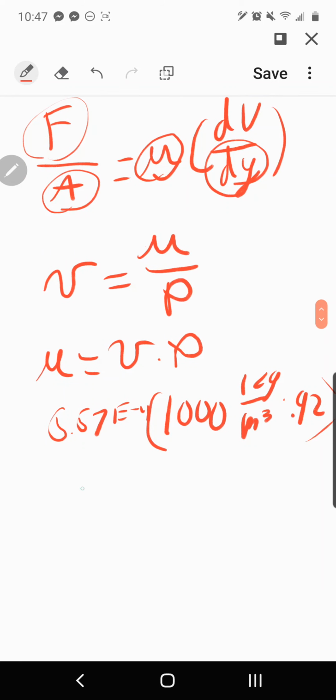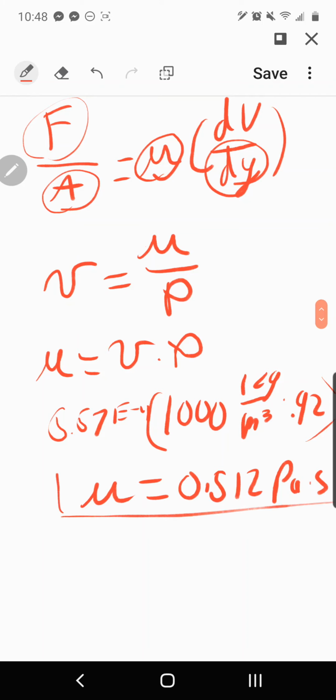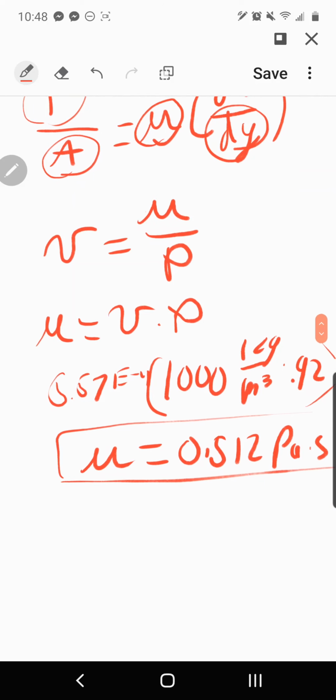With this we get mu equal to 0.512 Pascal seconds. All right, cool. We got one of our pieces of information.